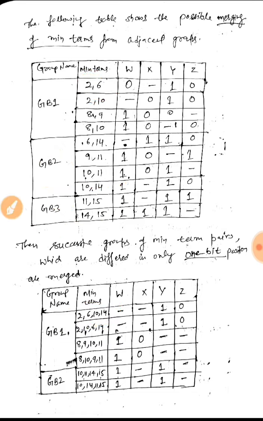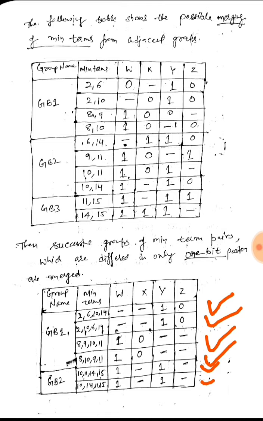In this I can see that the pair 2, 6, 10, 14 and 2, 10, 6, 14 is the same. Similarly 8, 9, 10, 11 and 8, 10, 9, 11 is the same, and similarly the pair in group 2, this one and this one, are the same.